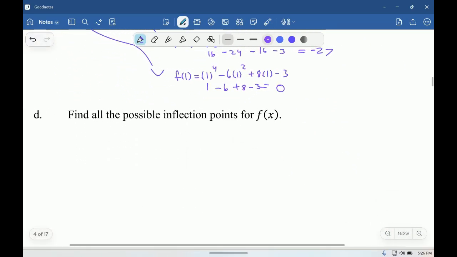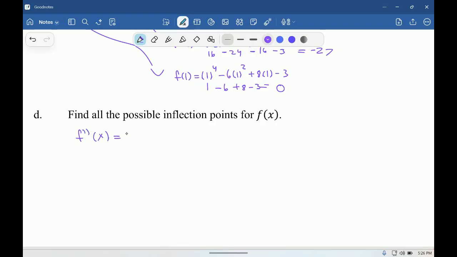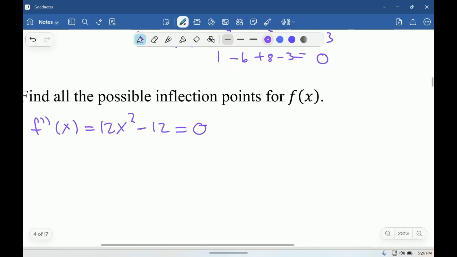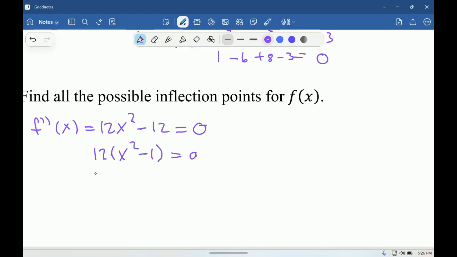And then for the next question, we need to find all possible inflection points. And for this, we're going to use our second derivative, which is going to be 12x squared minus 12 equals 0. We're going to factor out the 12. x squared minus 1 equals 0.